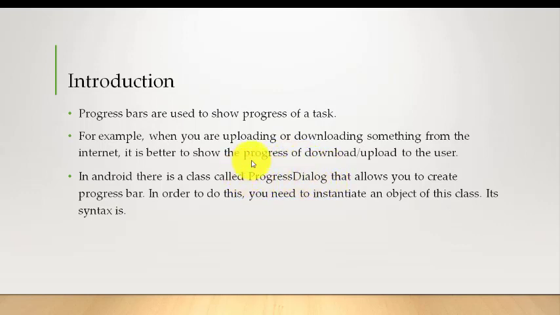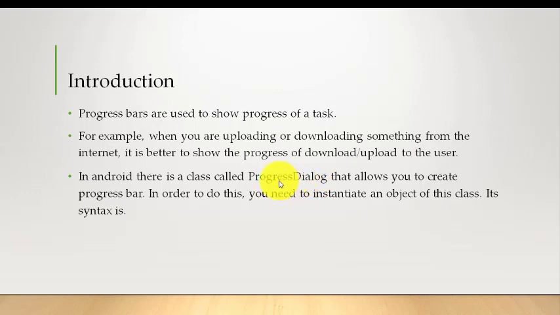In Android, there is a class called ProgressDialog. This is an API or a class provided by Android to create or show the progress dialog that allows you to create a progress bar. In order to do this, you need to instantiate an object of this class. Always remember, students, progress dialog box is a class.